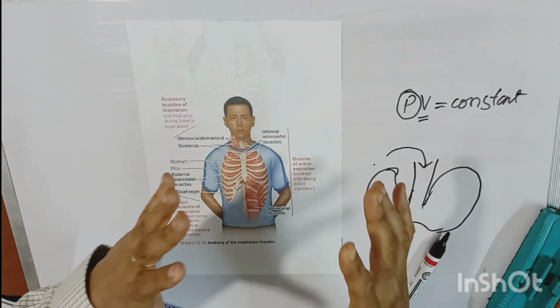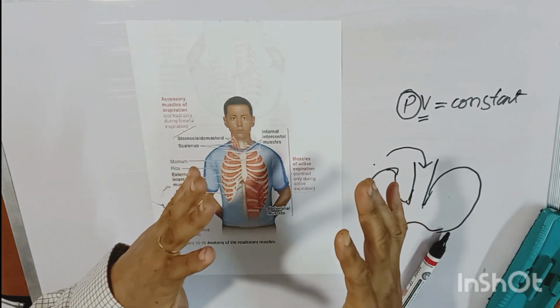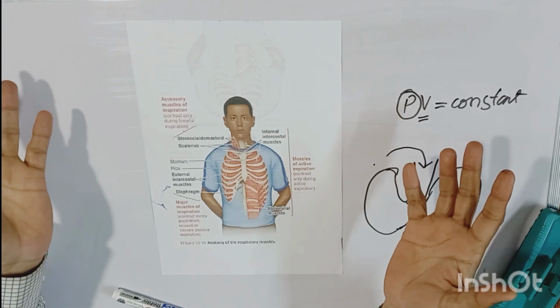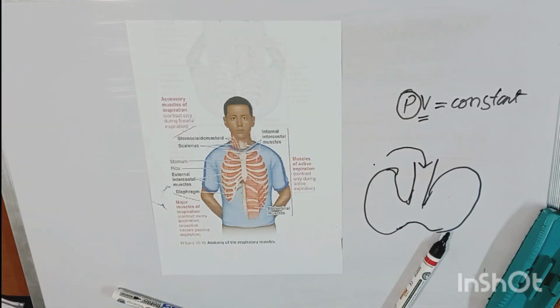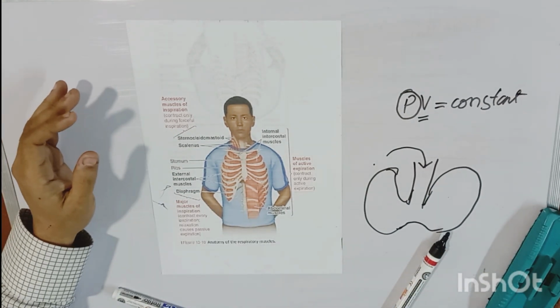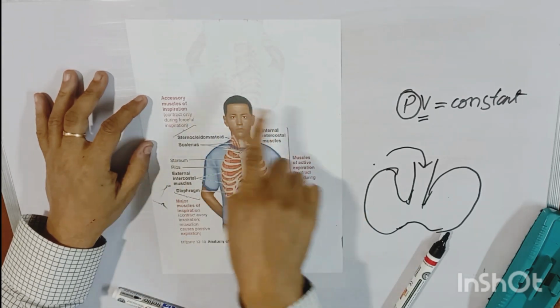So the thoracic cage is getting depressed very sharply, and so there is a pressure buildup and the air goes out violently. The air goes out with a huge amount of pressure, so you can actually blow out air during active expiration. So I'll just revise this whole diagram.